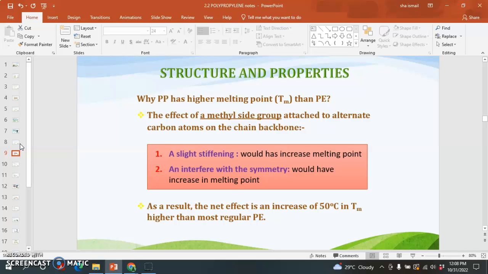Okay, now we look at the structure part and the properties of PP. So why does PP have a higher melting point than PE?